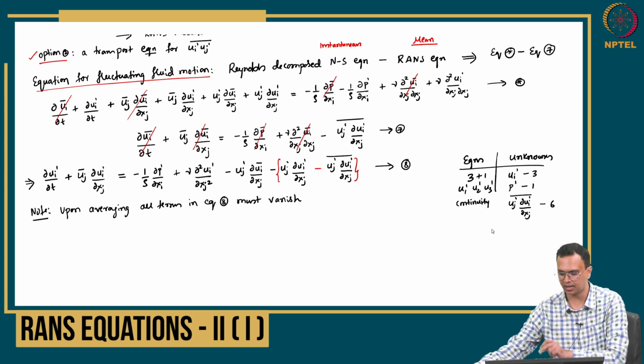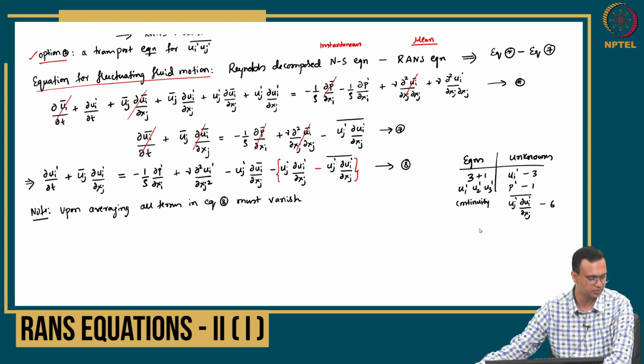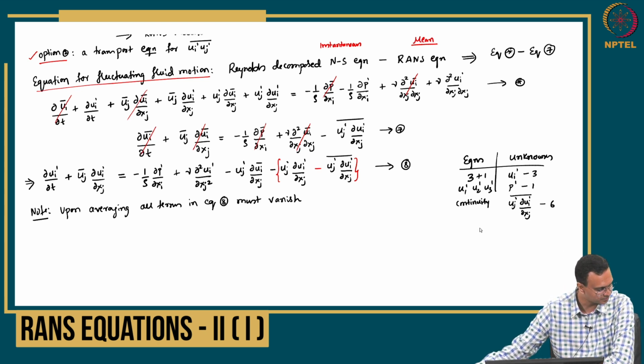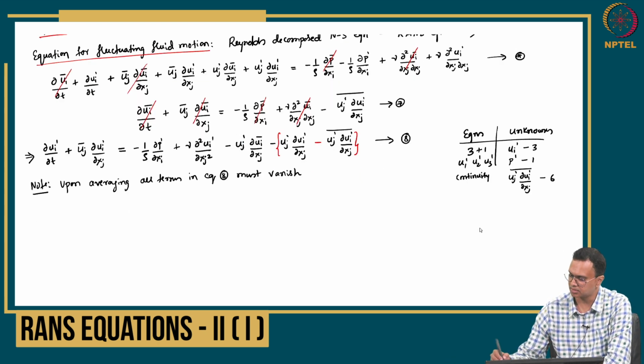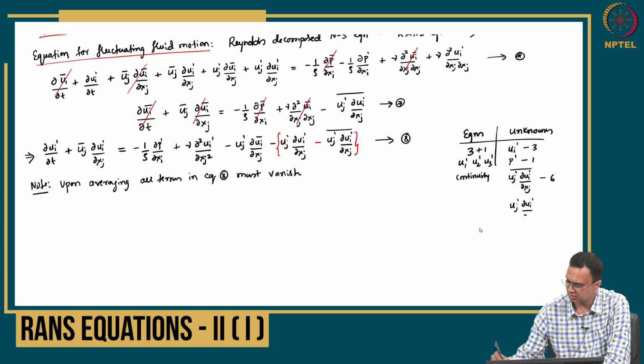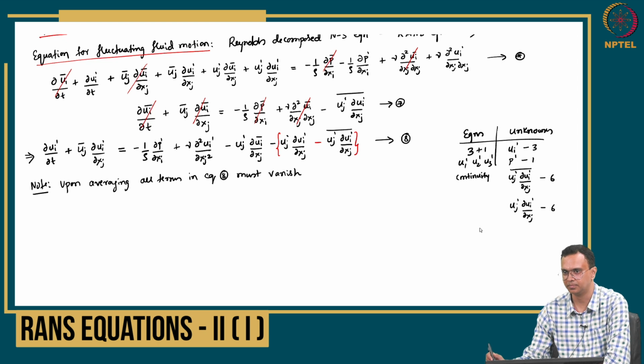In addition to that, I have the other term, the first term of the bracketed term, that is giving me another 6, the uj prime dou ui prime by dou xj. This is not a statistical term. It is not a correlation now. This is another 6 unknowns, 6 or 9. 9 is total, but it is a symmetric tensor, so 6.